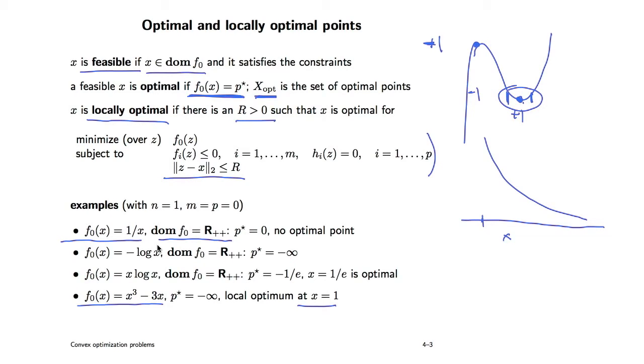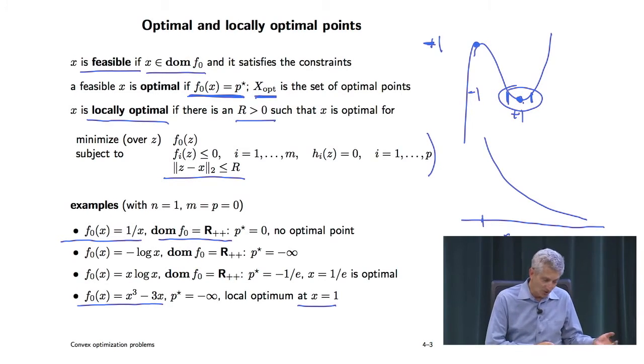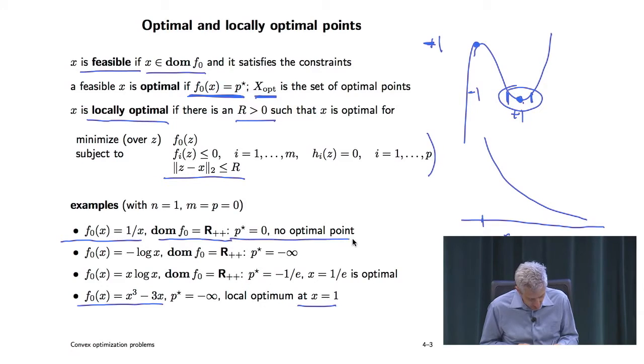And you can make this number as small as you like. You cannot make it 0. You would like to make it 0 by saying x equals infinity, but that's not allowed. So the infimum of these points is 0, okay? But there is no point x for which 1 over x is 0. So this thing has no optimal point, okay?